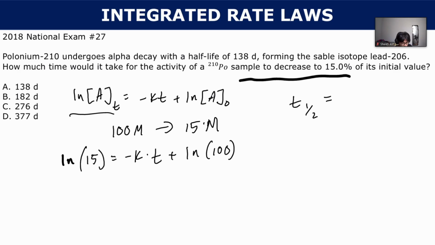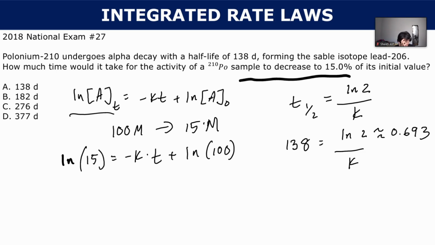So the half-life equation is the natural log of 2 over K. We know our half-life is 138 days, and that's the natural log of 2 over K. The natural log of 2 is about 0.693. And so if you were to solve for K, you would get that K is going to equal 5.02 times 10 to the negative third.